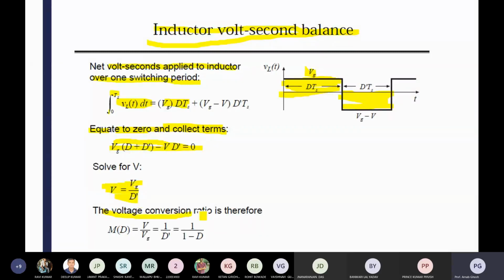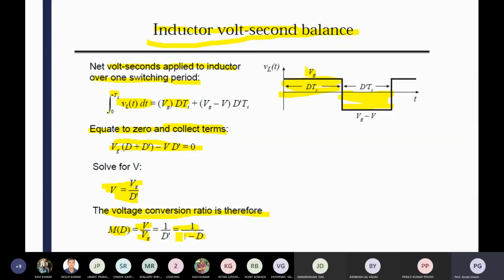Okay, so the voltage conversion ratio is therefore MD. That gain, the voltage conversion ratio, capital V by capital G equals 1 by d dash, meaning 1 by 1 minus d. So how does that curve look? It's a non-linear curve.